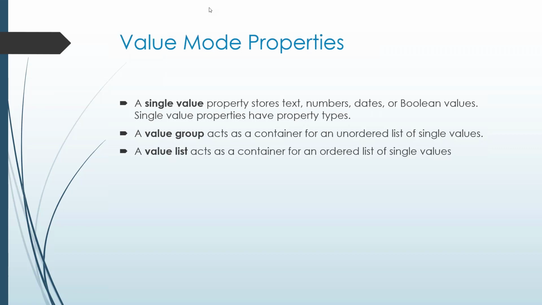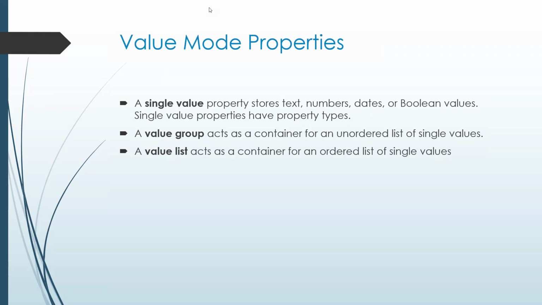Suppose I have a list of four phone numbers, all related to the candidate: residence, office, fax, and mobile. Do I need to sort them? Not required, so I will use a value group for it.